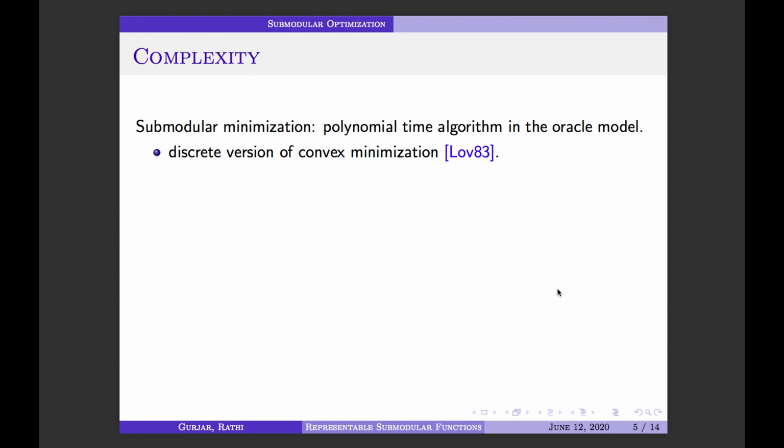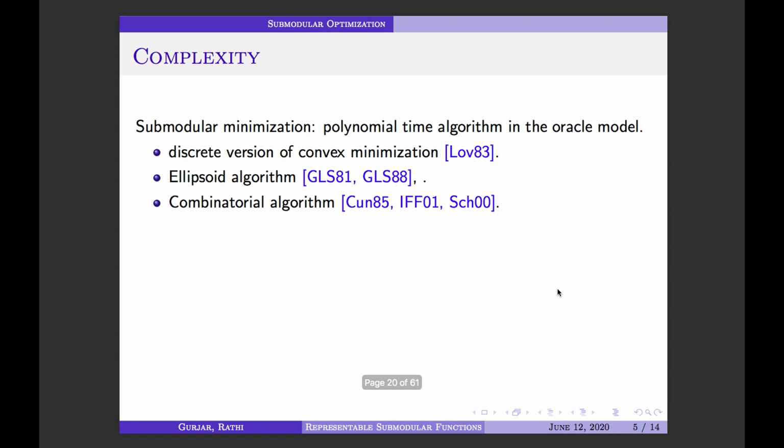The main idea behind this algorithm was a result of Lovász, which said that submodular minimization, in some sense, is a discrete version of convex minimization. And thus, in the 80s, they could apply the ellipsoid algorithm to solve submodular minimization. Later on, in the 2000s, a combinatorial algorithm was also found, which in fact was strongly polynomial time.